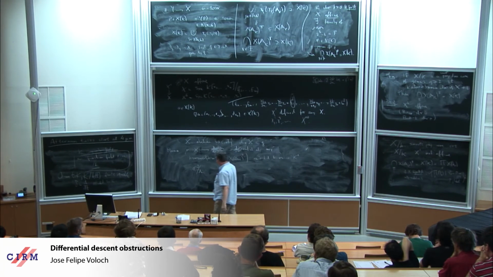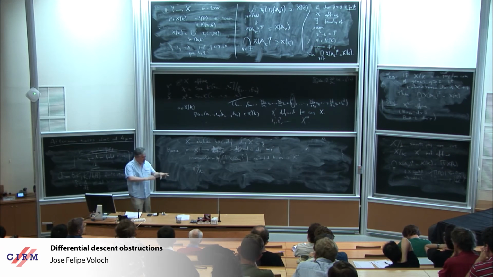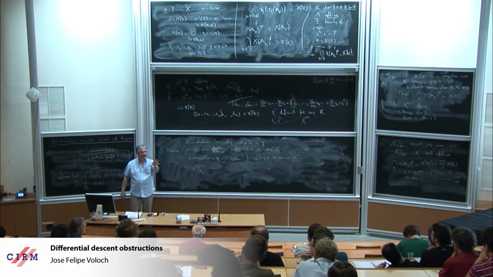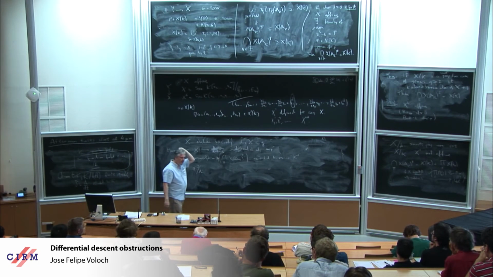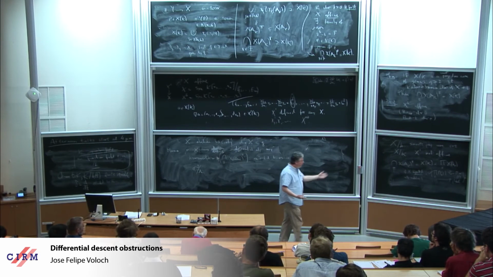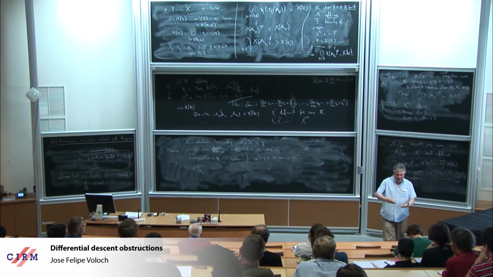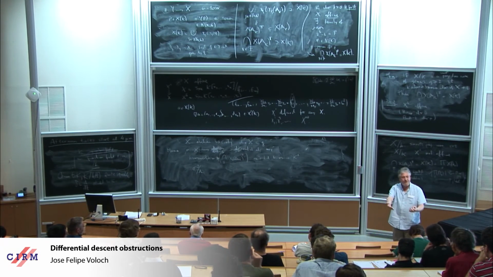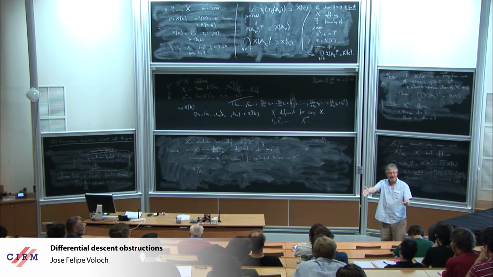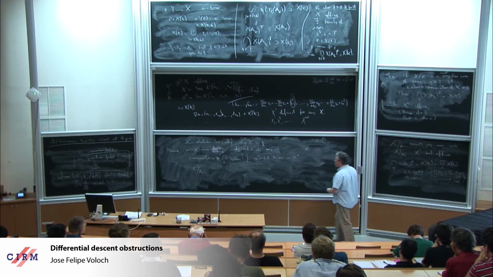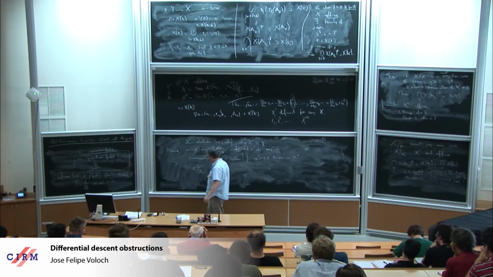What's happening is that this differential descent obstruction picks out the span of this Z module as a C vector space in there. So with this differential descent obstruction, you can identify constants, but you cannot make the difference between an integer and a complex number. They both have derivative 0, so you get something like that.